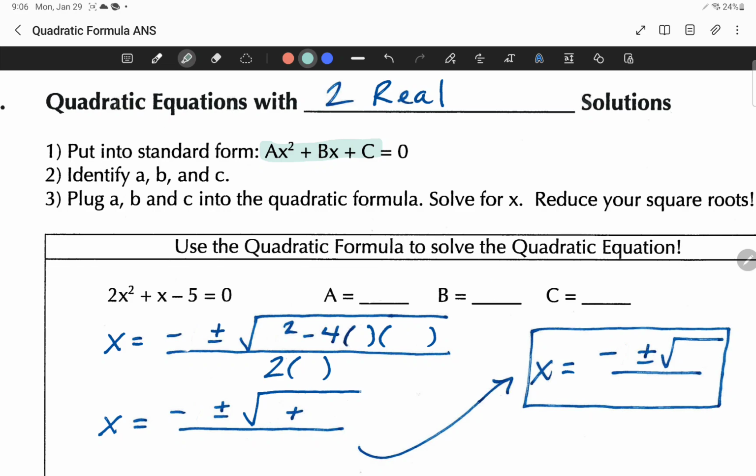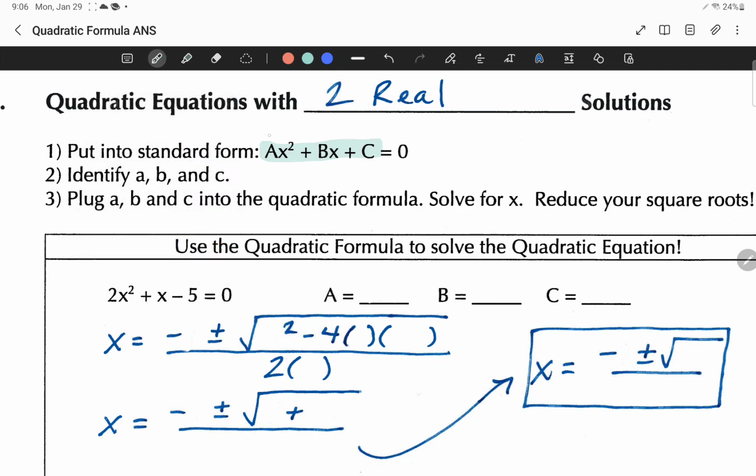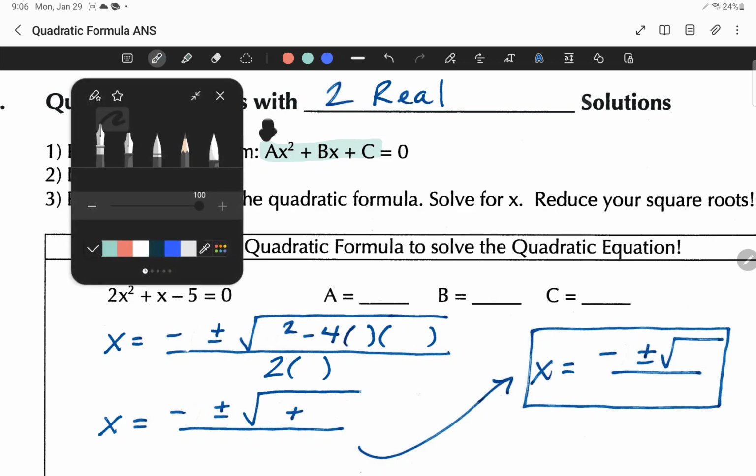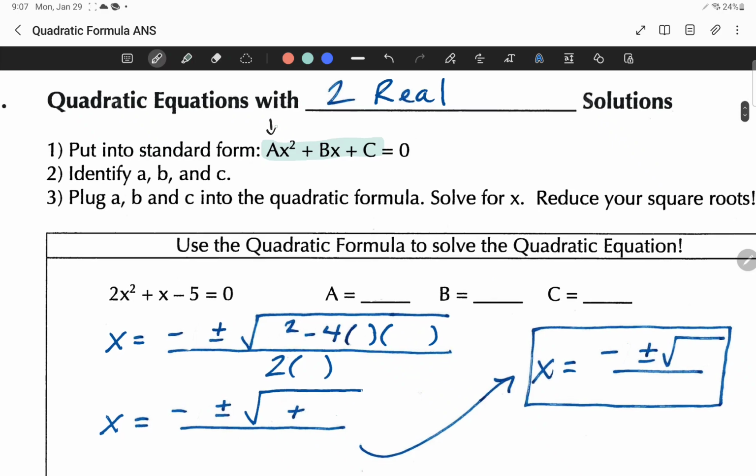And now we need to figure out what the a, the b, and the c are. And as you can see, it should be pretty easy to identify, mainly because they're in order. So whatever number you have in front of x squared, x, and the constant are going to be our a, b, c, respectively.